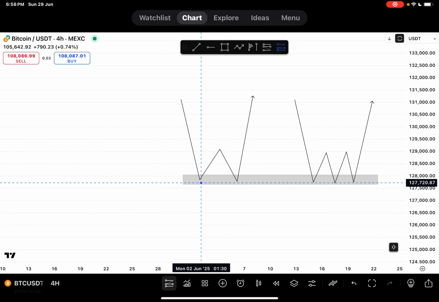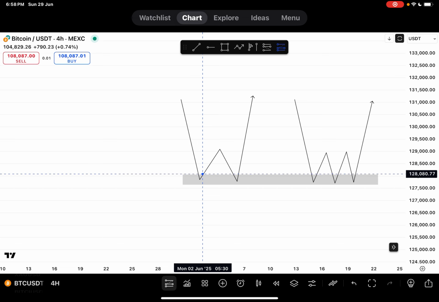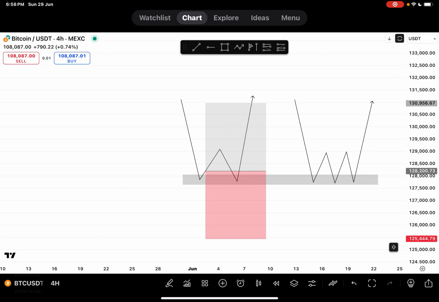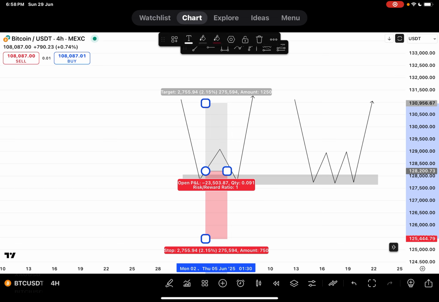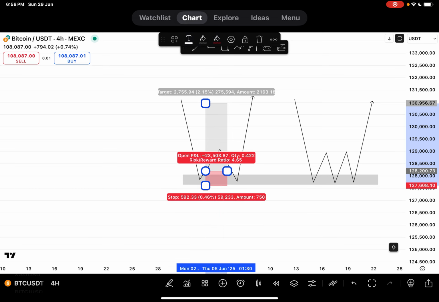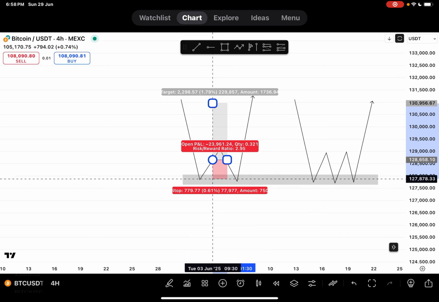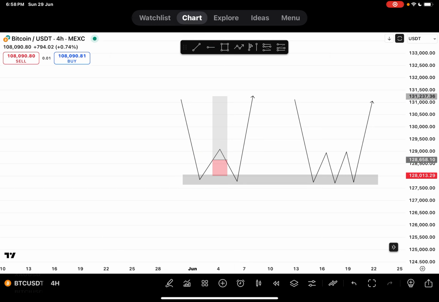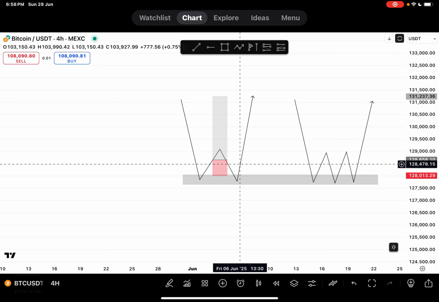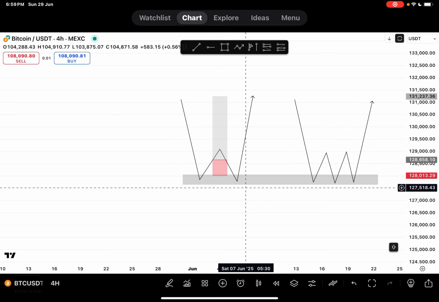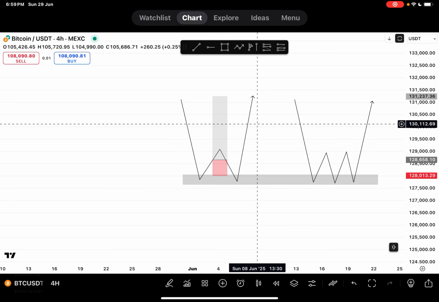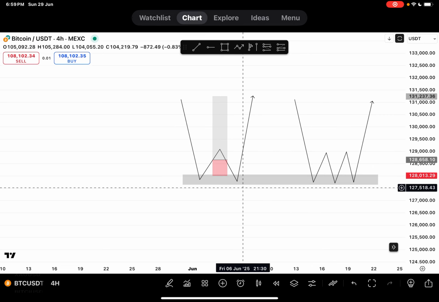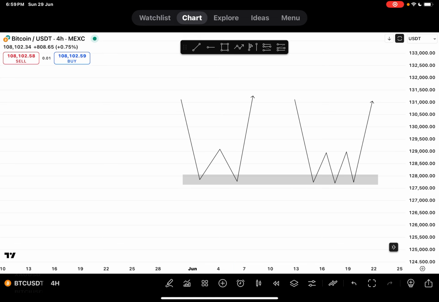For example, 500,000 retailers entered here, keeping their stops here, and aiming for some sort of high. But then what the market makers, the big players, do is cut their stop loss to generate liquidity. And now there's a lot of liquidity in the market, and a pattern is also formed.